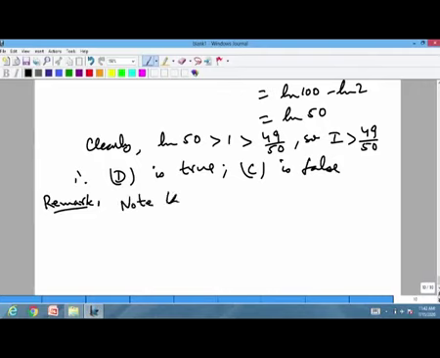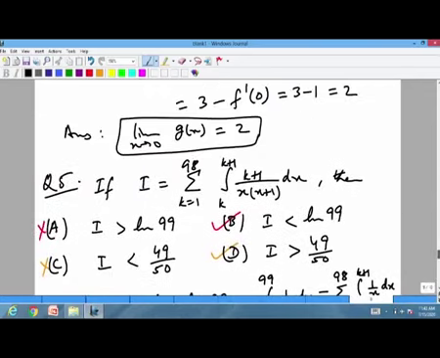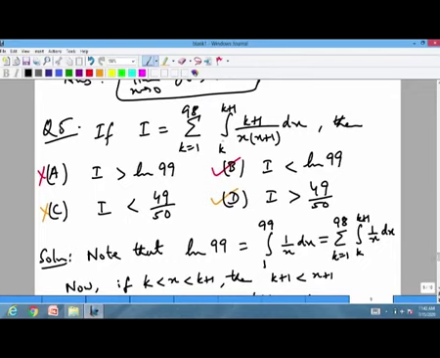Note that this 49 by 50 is equal to 98 by 100. So, if we can show that each integral is bigger than 1 by 100, then the summation will be bigger than 98 by 100.